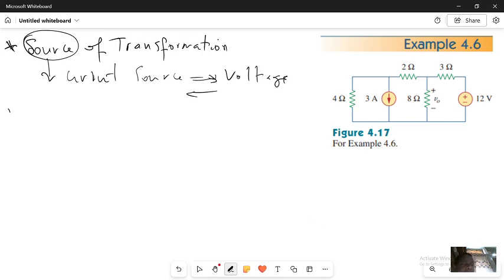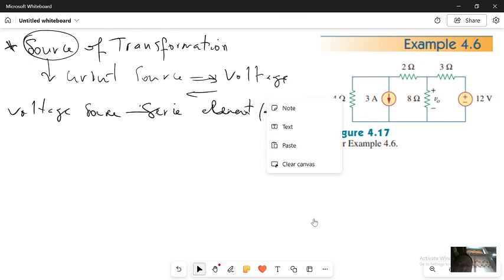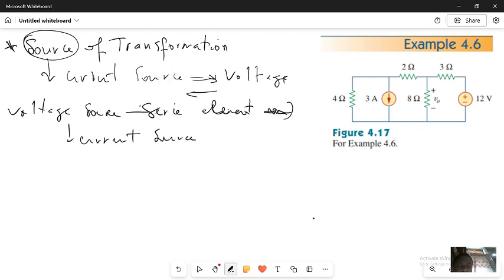When we have a voltage source in series with an element, since it is Electric Circuits 1, mostly a resistor, we will transform it to a current source, which will be in parallel to the element.